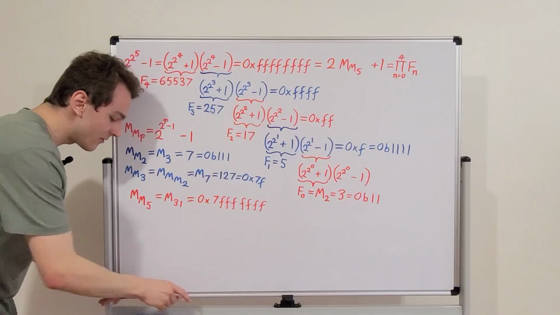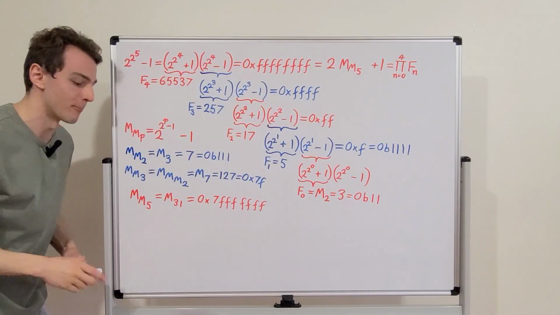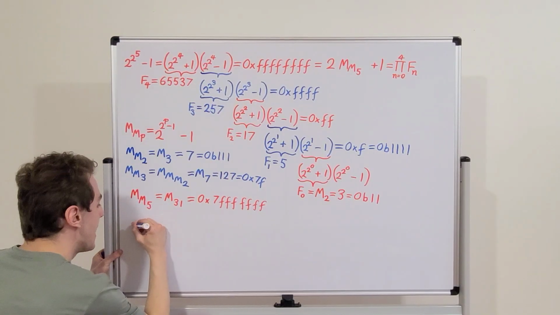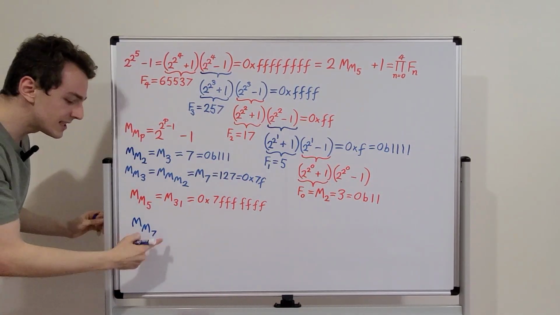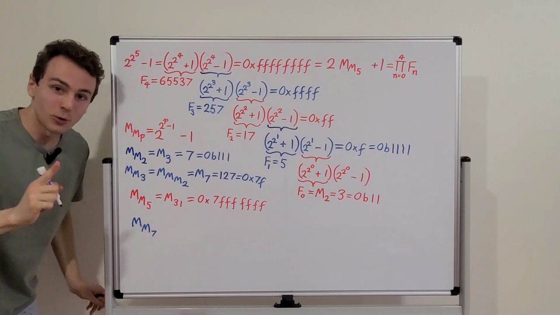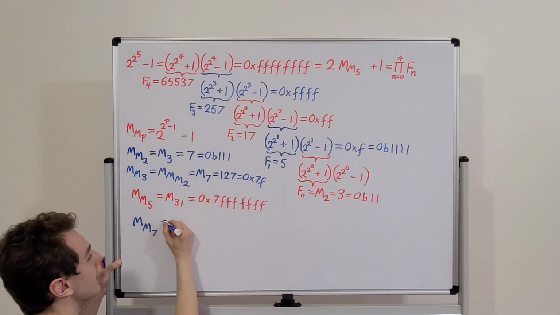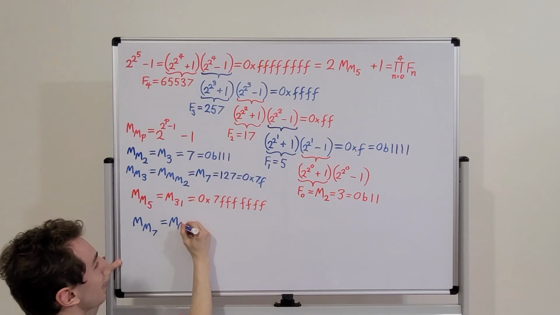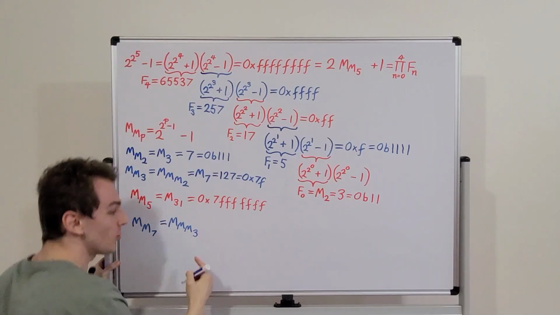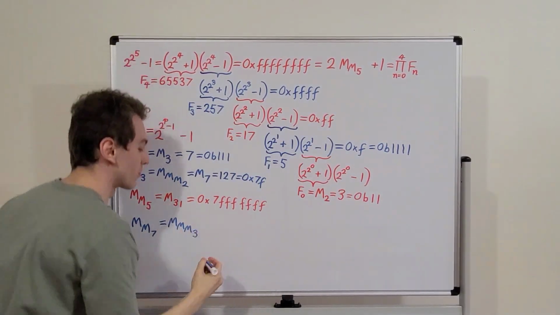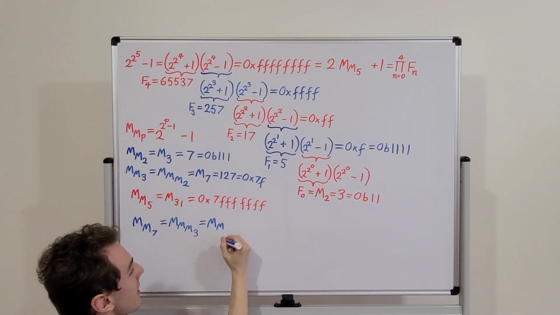And now let's just have a look at one more example of the double Mersenne prime. So we're going to have a look at m sub 7. This is a double Mersenne prime, but it is also a triple Mersenne prime. So we can write this as m sub 3. And it is also a quadruple Mersenne prime, because we can write it as m sub 2.